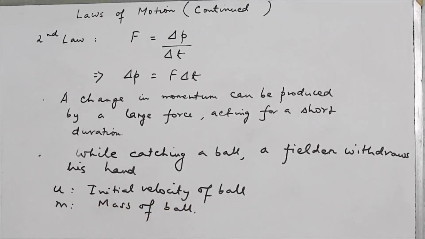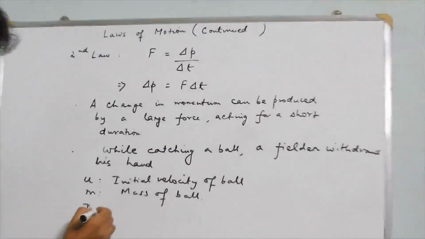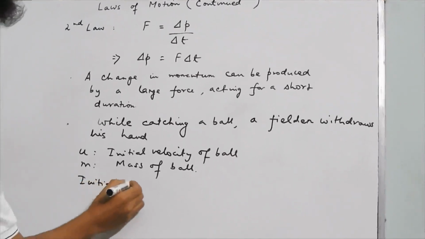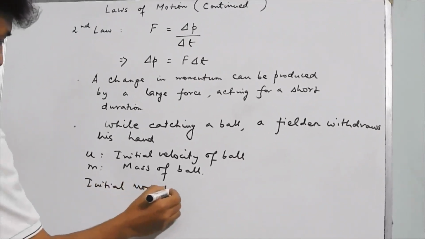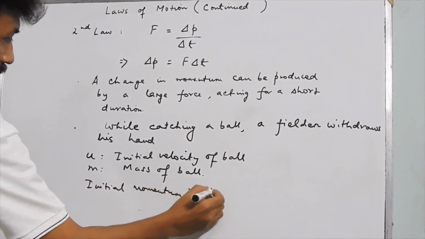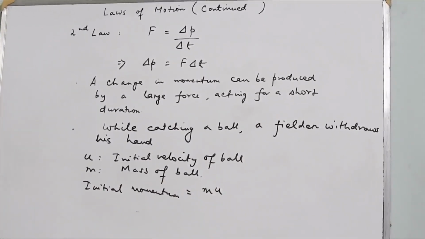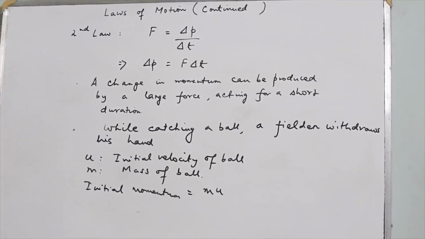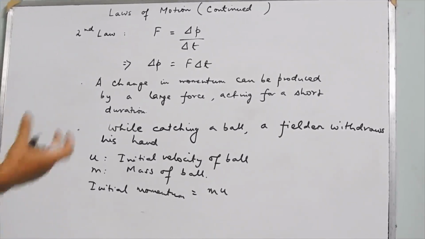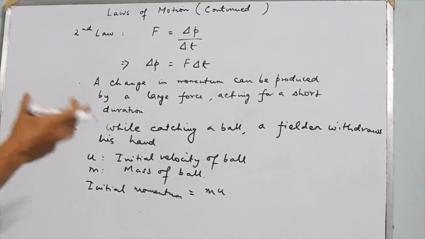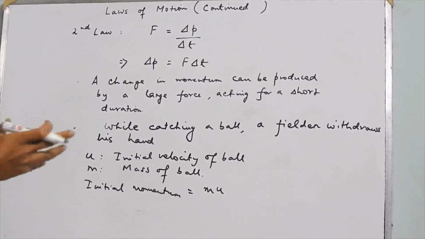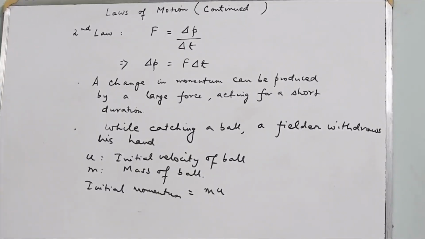Obviously, the initial momentum is mass into velocity, that is mu. Now, when the cricketer stops the ball and he ultimately catches the ball, that means when the ball gathers in his hand, definitely the final velocity of the ball is 0.